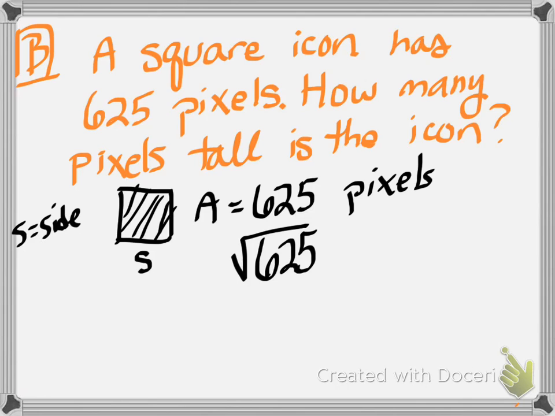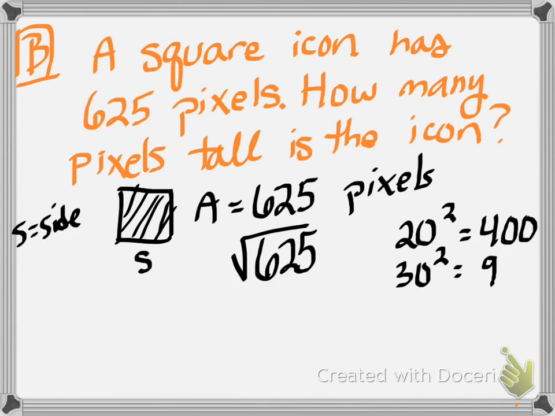So 10 times 10 is 100. That's nowhere near close enough. 20 squared would be 400. That's too small. 30 squared would be 900. Okay, so I need a number somewhere between 20 and 30. Let's try 25.